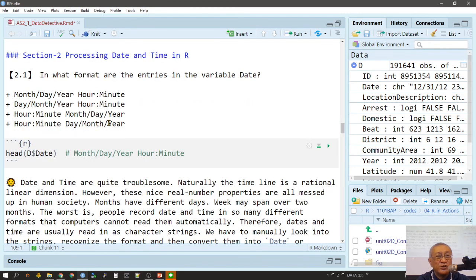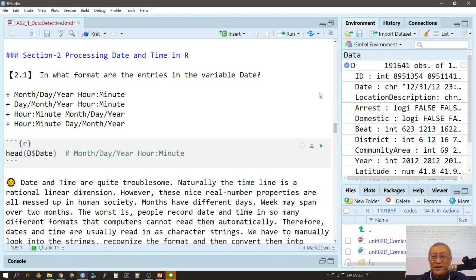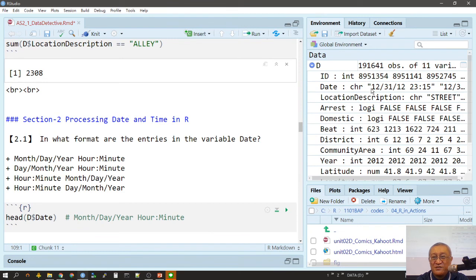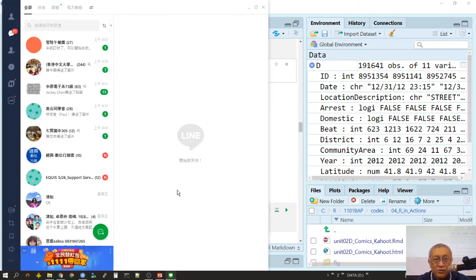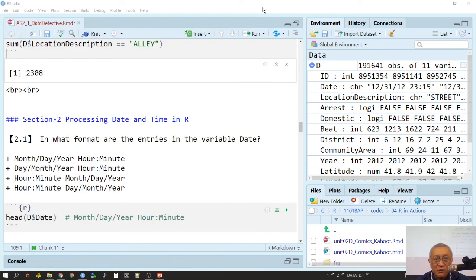Now we get into the difficult things here, right? When we read in the data, the day and time are actually read in as a character string, right? The reason they have to be read in as character strings is this one, right? Sorry, let me close this so it doesn't bother me.